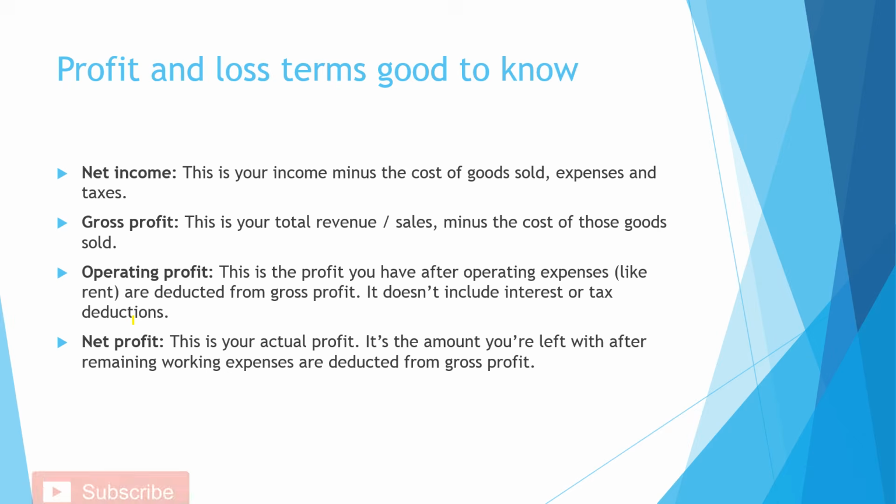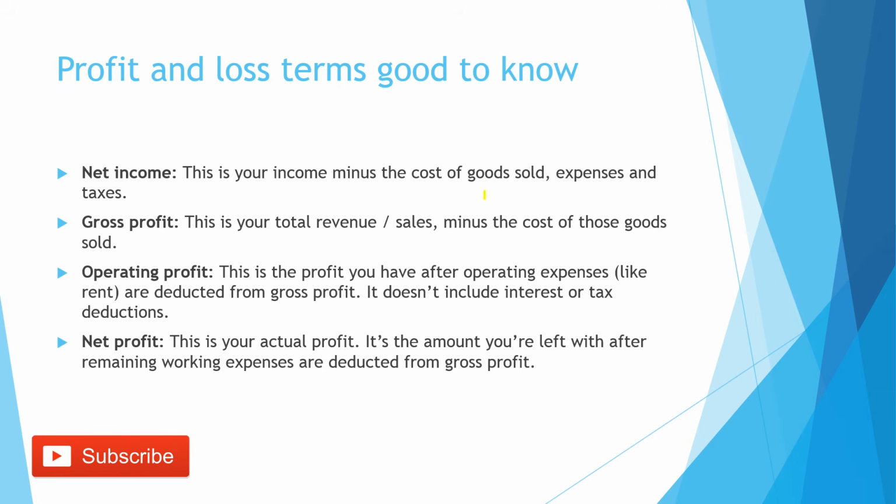Here are some good-to-know terms that you need to remember for your exam, because if the question is about one of these, you need to have a clear understanding of what each means. Net income is your income minus the cost of goods, expenses, and taxes.